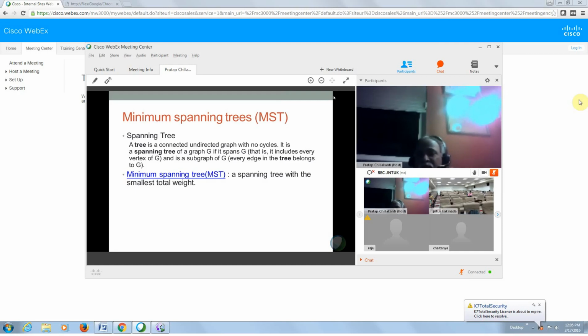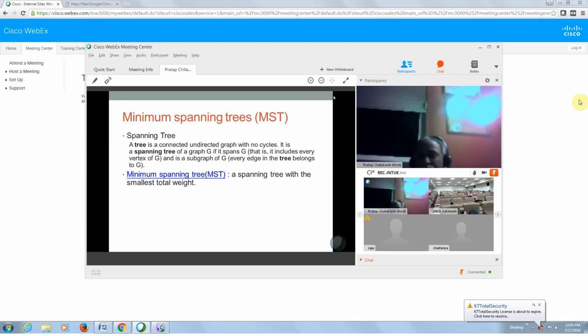We discussed a whole bunch of concepts associated with trees, and I put a Word document up for your internal exam. You will see a whole bunch of definitions related to this. You need to know what a tree is, what a spanning tree is, and what a minimum spanning tree is.